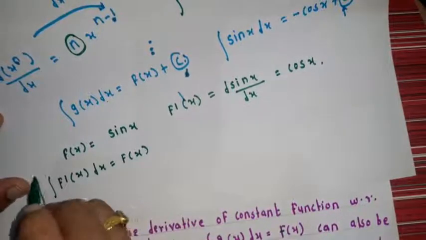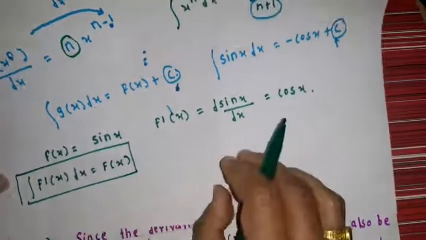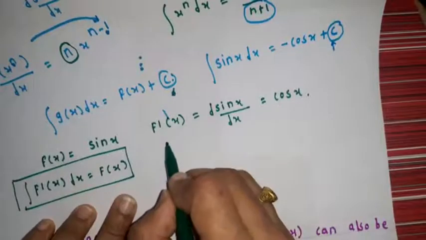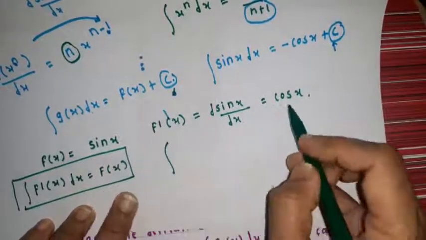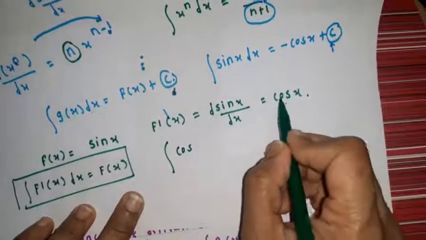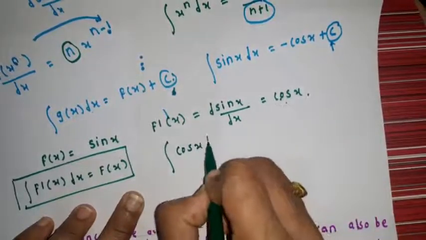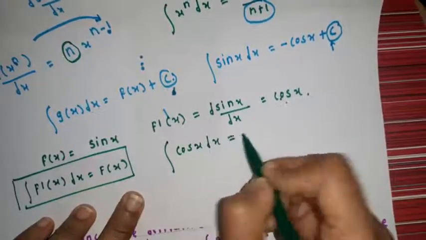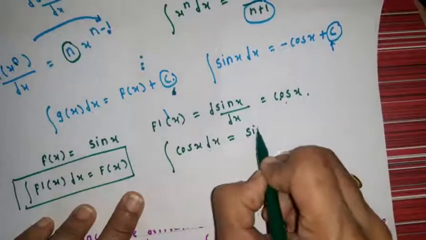So here, the integration of cos x, that is f dash of x, with respect to x is equal to sine of x.